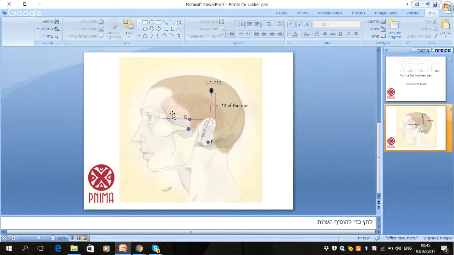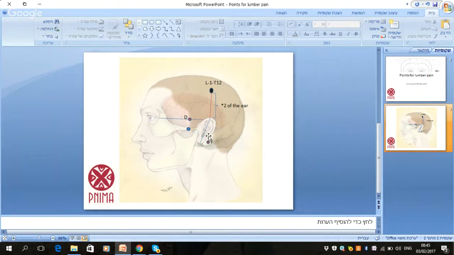I'm then affecting the bladder meridian, or the gluteus maximus and gluteus minimus muscles. So I'm treating paralysis of these areas, or muscles that are causing problems in walking or instability. That is an excellent point for that, and also for radiating pain in those areas.